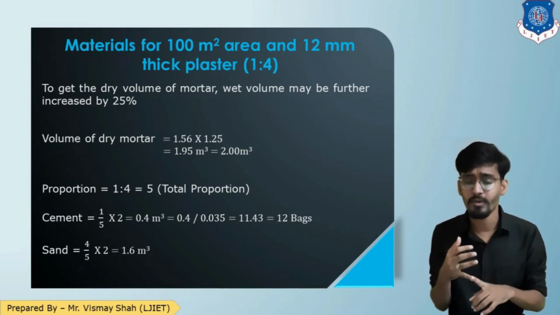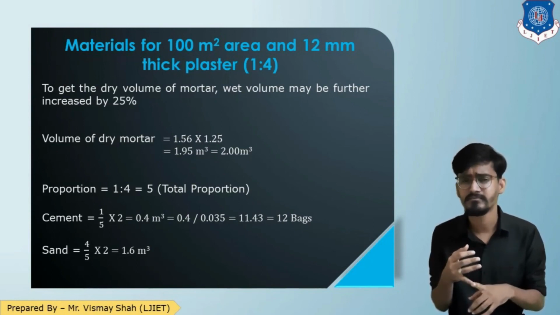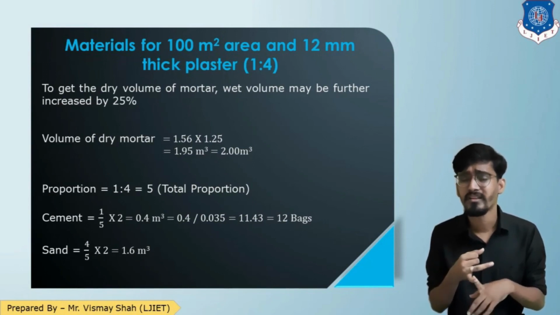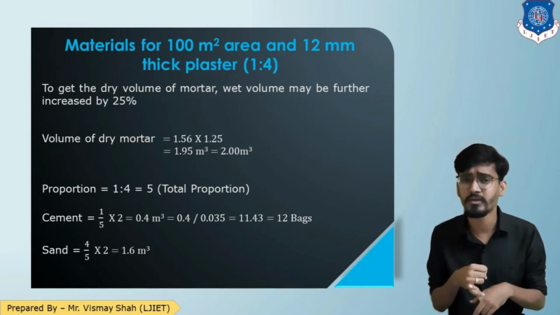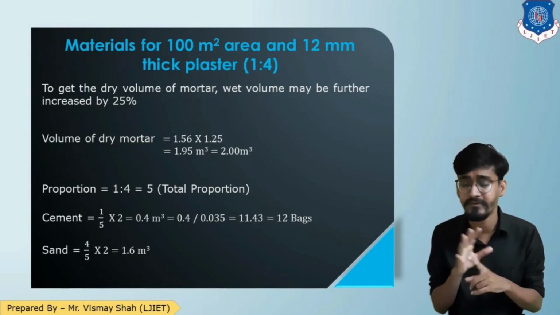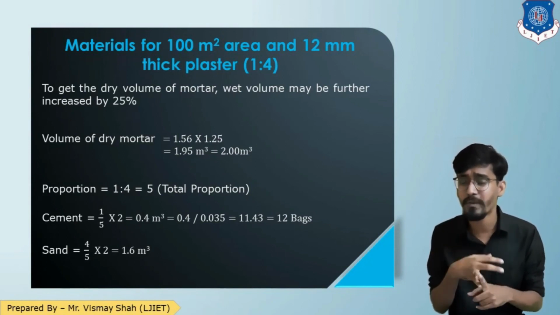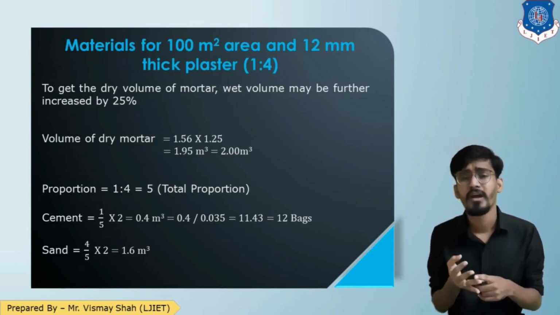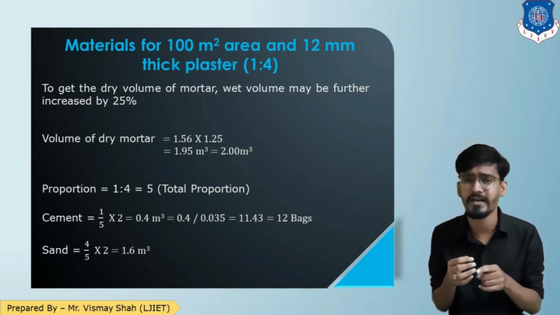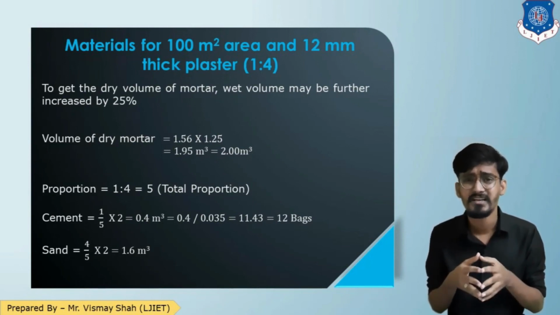Number of bricks in 1 cubic meter, that is 500. Mortar required for 1 cubic meter, that was 0.33. If the quantities are not given, you can assume 100 meter square if it is two-dimensional, and 10 cubic meter if it is in cubic meter. Then we have seen that for 1 cubic meter of wet compacted concrete, 1.52 cubic meter of dry concrete is required.